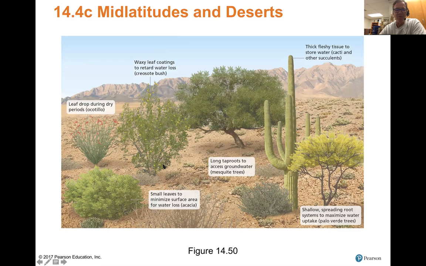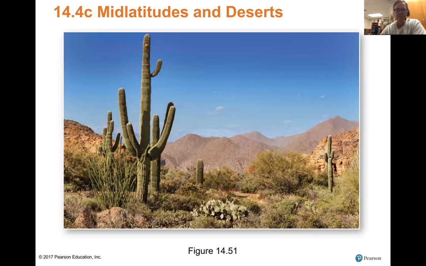And you have small leaves to minimize surface area, so you don't get water loss. And the fleshy tissue, like of the cactus, will store water, for example. So again, very unique ecosystem based on the lack of moisture.